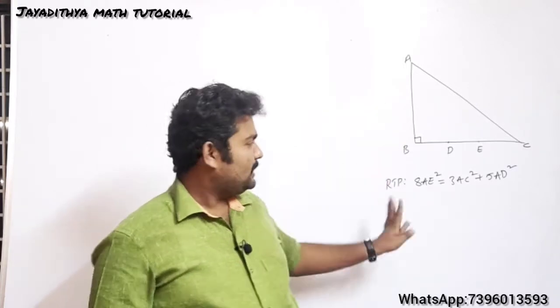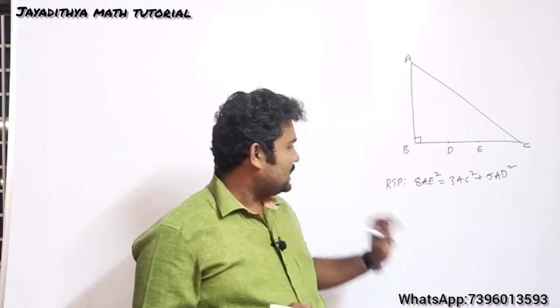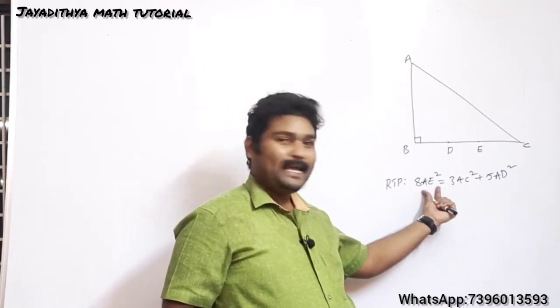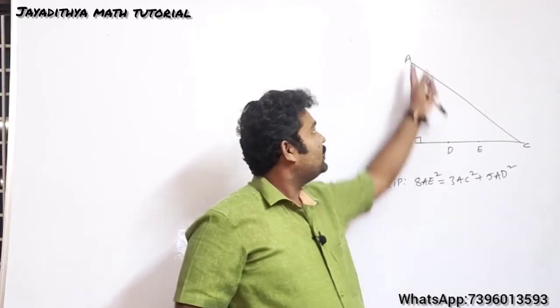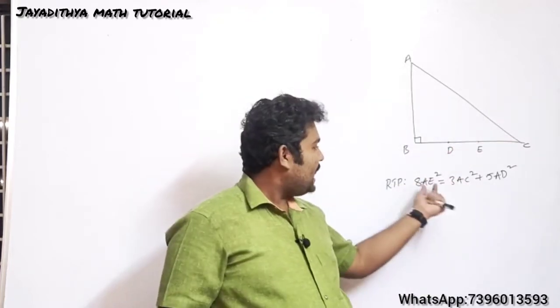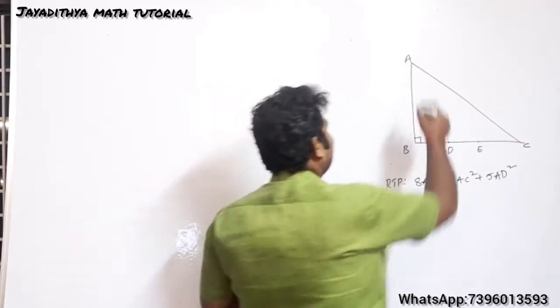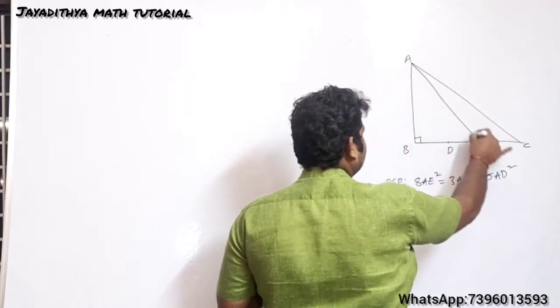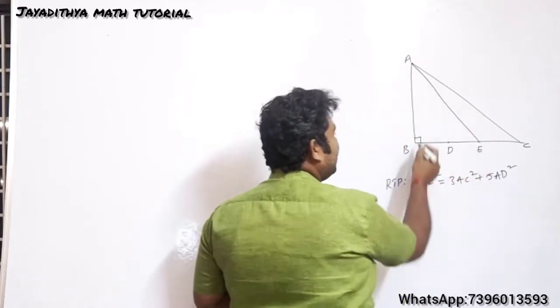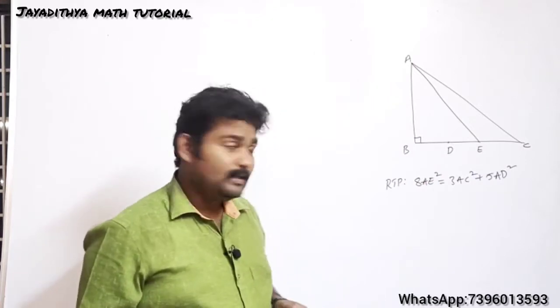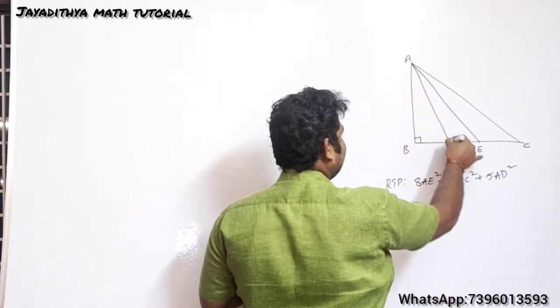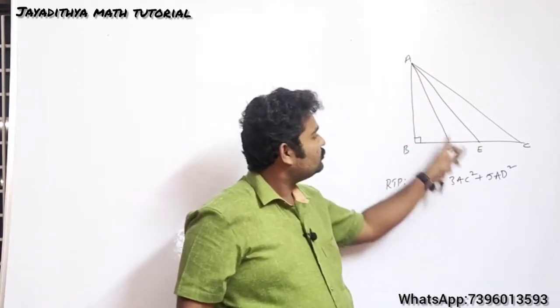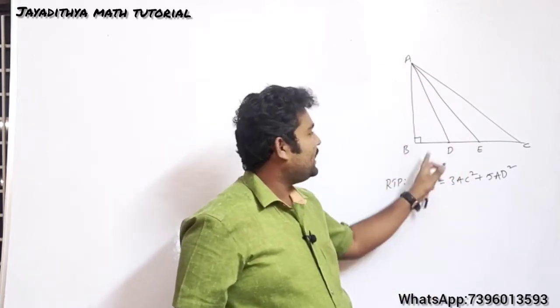Just by looking at the required proof, you can understand one concept here. I want AE square, AC square and AD square. If you observe, AC is the hypotenuse, right? And if I draw a line like this, AE is also a hypotenuse in the triangle ABE, and if you join A and D, AD will be the hypotenuse in the triangle ABD.